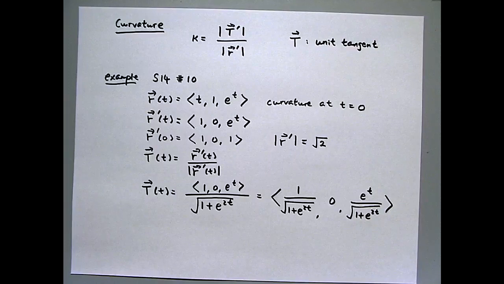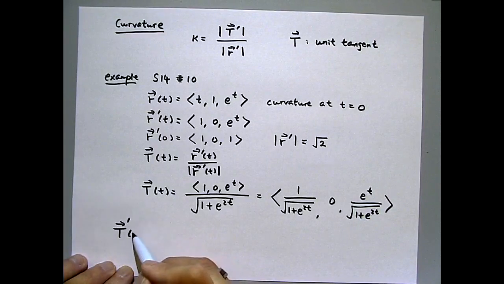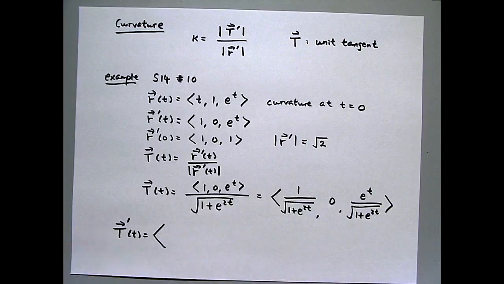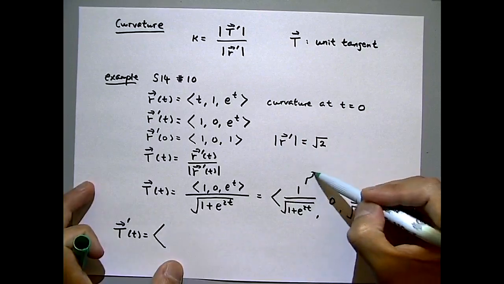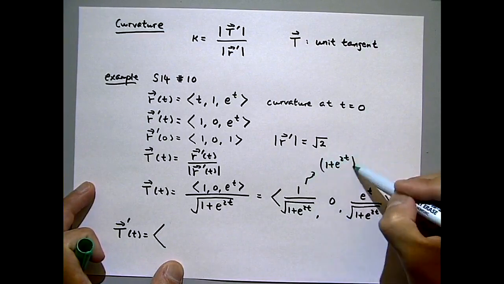Now we need a derivative of this thing. The first one, you can look at it as 1 plus e to the 2t to the negative 1/2.